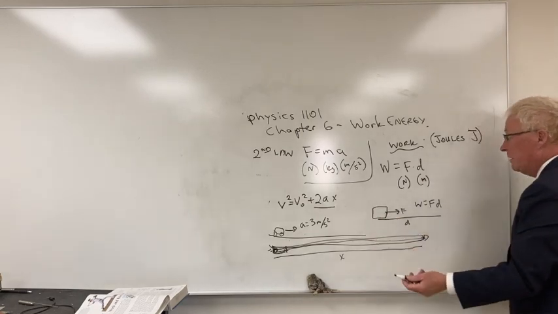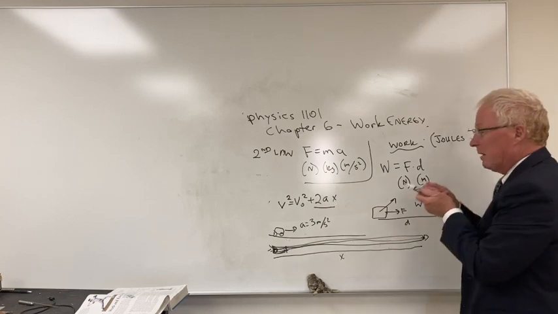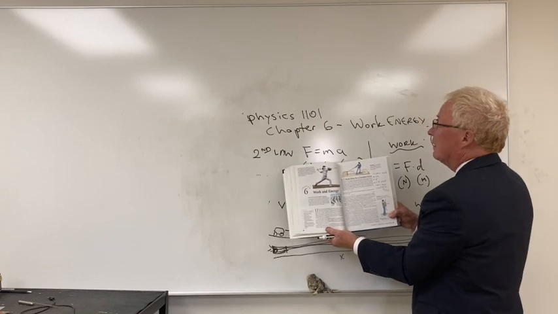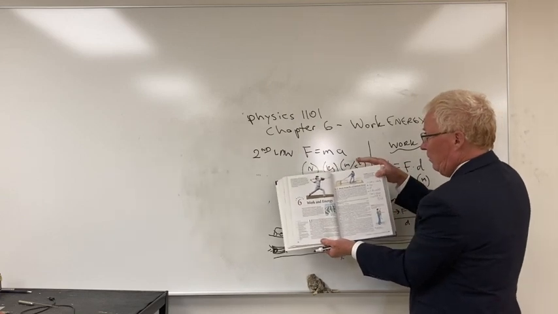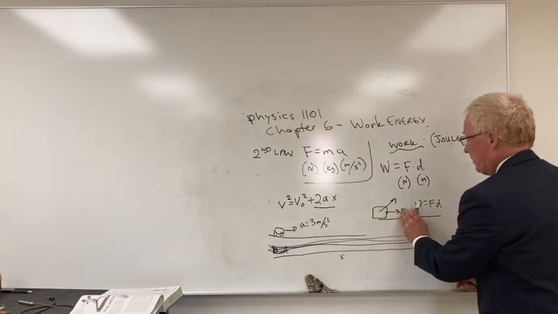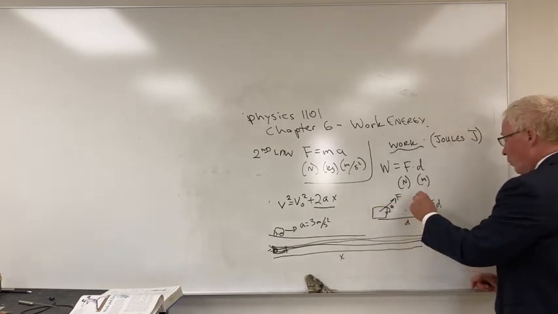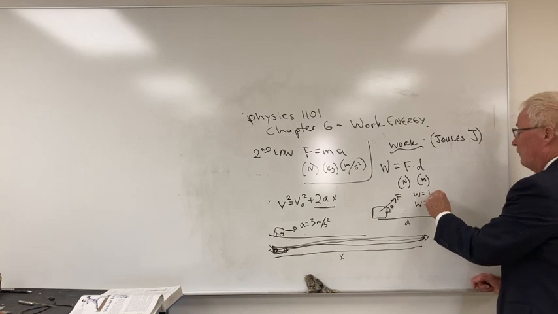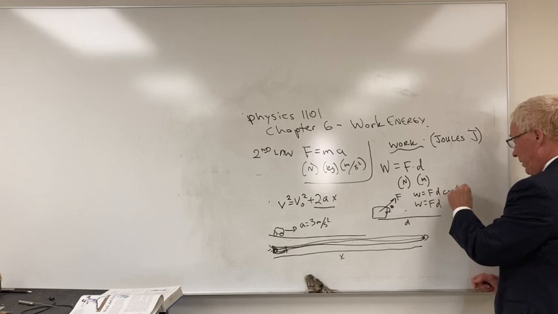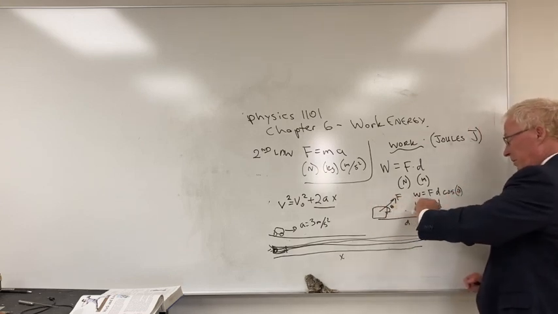If instead we apply it at some angle, so we pull a block like this picture here, where you pull the block at an angle, so you're pulling it upward, which is actually probably easier to do. So the force is instead applied this way at some angle theta. The work is actually going to be then force times distance times the cosine of the angle between them. So it's the direction that it's going.